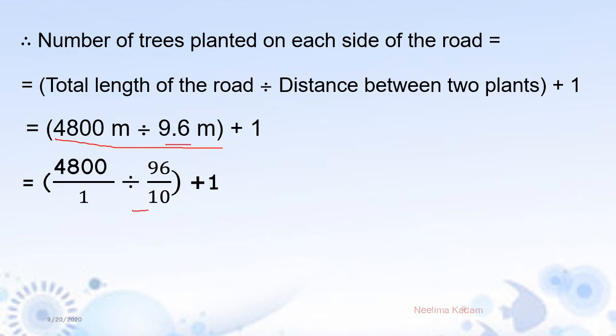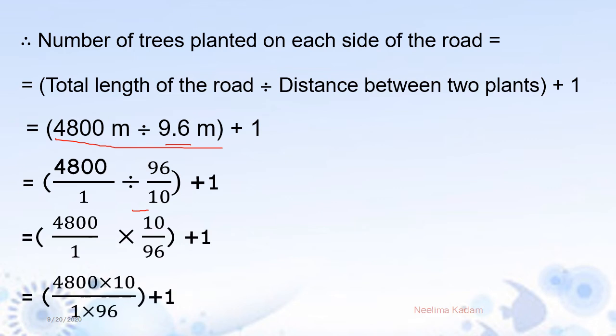This we have to write in the common fraction. Now division means taking the reciprocal and multiplying. So 4800 upon 1 into 10 by 96. Now 48 ones are 48, 48 twos are 96.